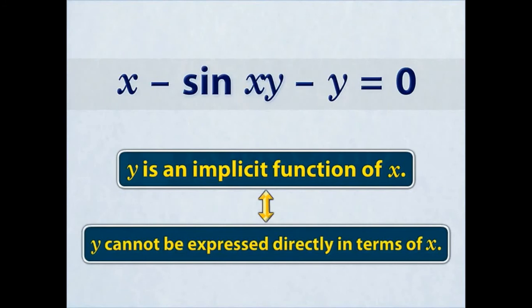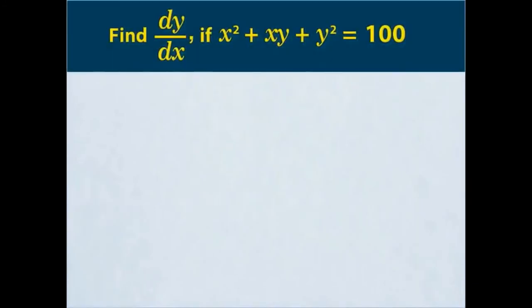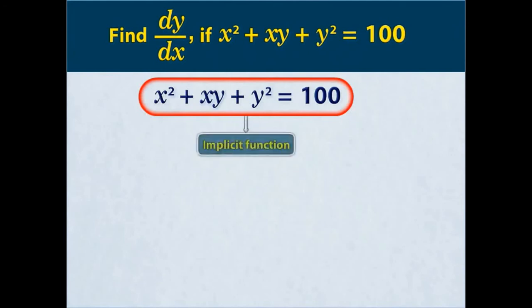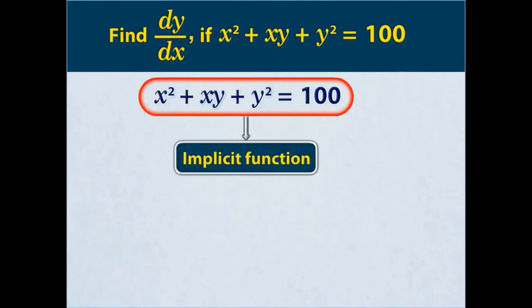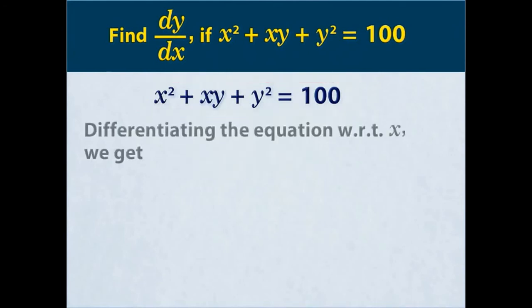Here, we will look at how to differentiate implicit functions. Suppose we need to find the derivative of y with respect to x if x square plus xy plus y square equals 100. Clearly, the equation represents an implicit function. We begin with differentiating the equation with respect to x.